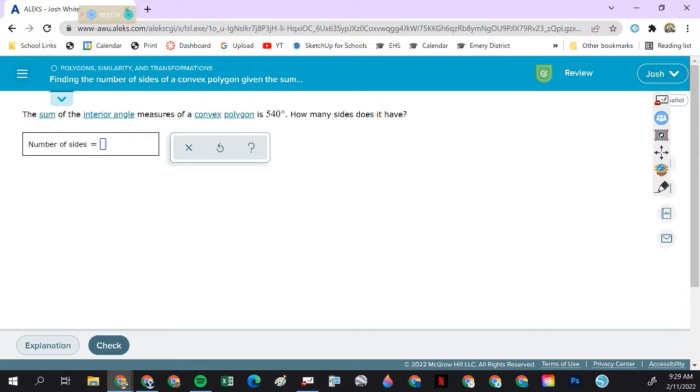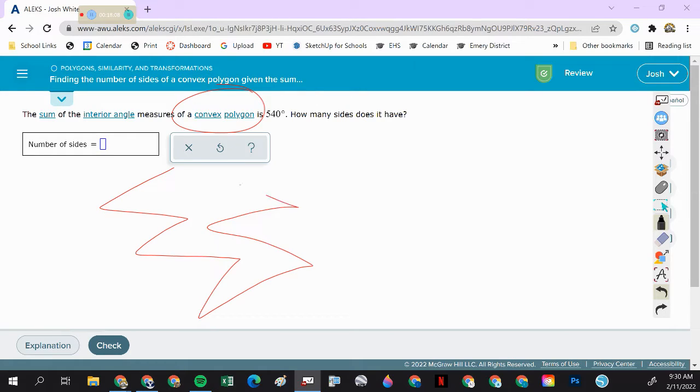Okay. Now, notice it says convex polygon. So when you get into larger shapes, you can actually create some problems. Let's see if I can do it.